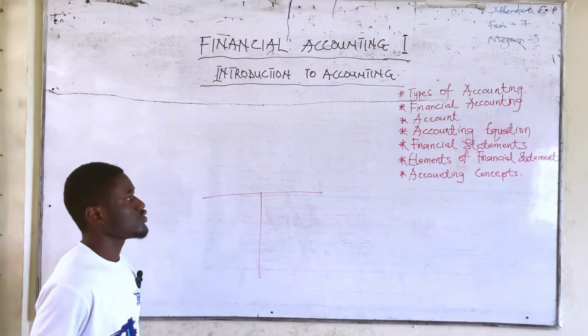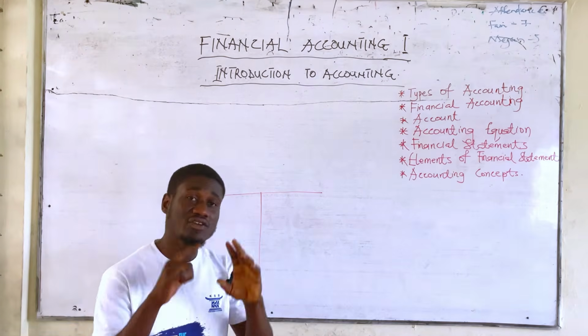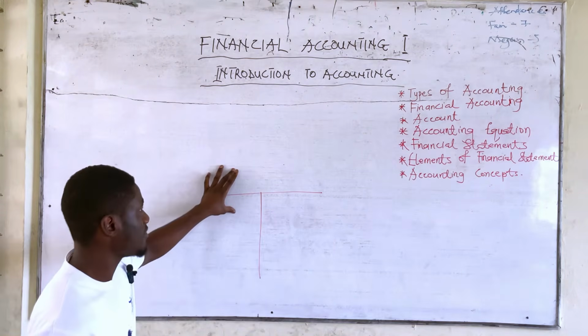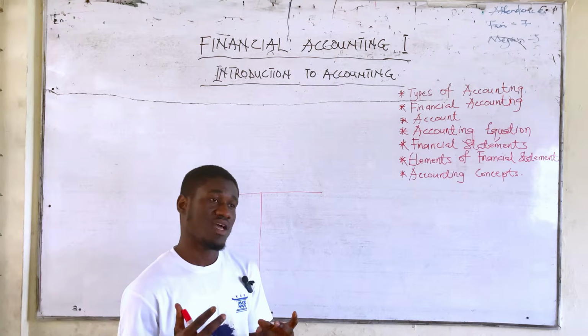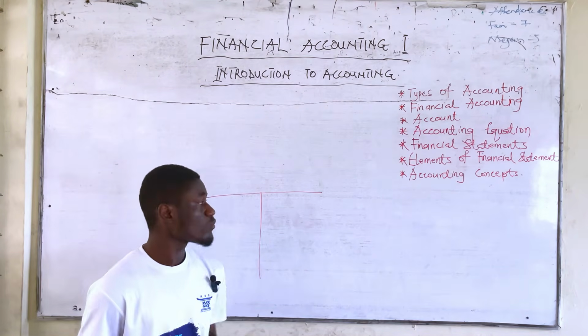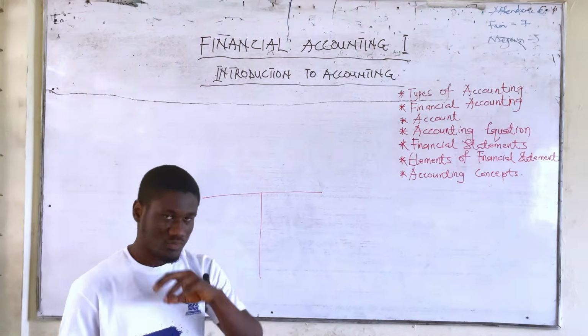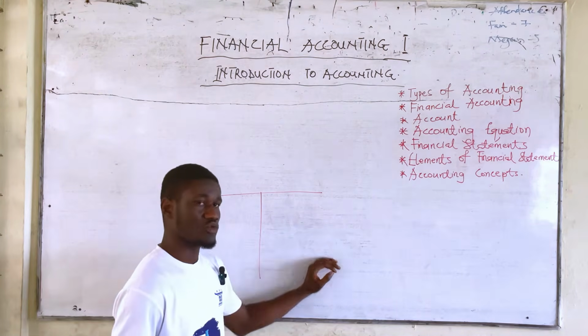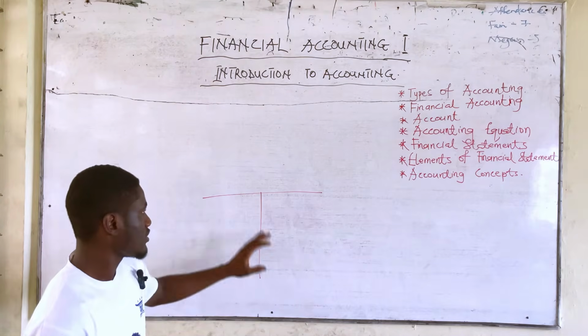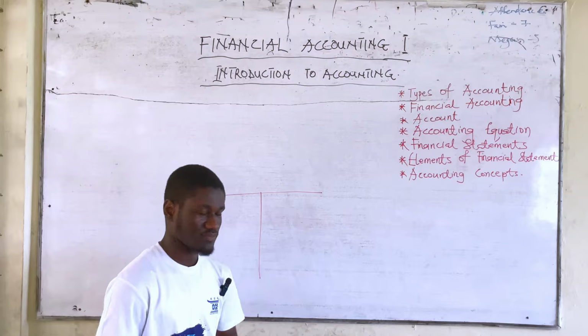Do you get it? So now you have to understand that every transaction involves two items. Do you get it? So let's say we say sold goods to Ama. We know that when we are selling goods to Ama, we definitely are going to receive cash.